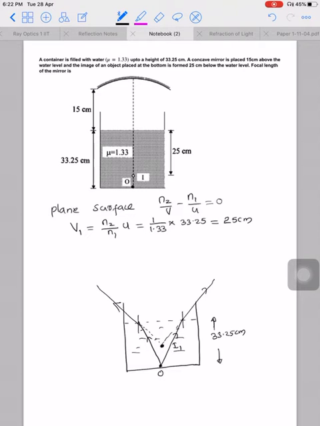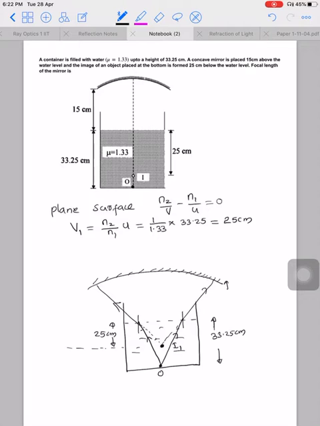So first image position I1 we calculated, that is 25 centimeter. Then these diverging rays are incident on the mirror. So the image formed after refraction is considered as an object of the mirror.